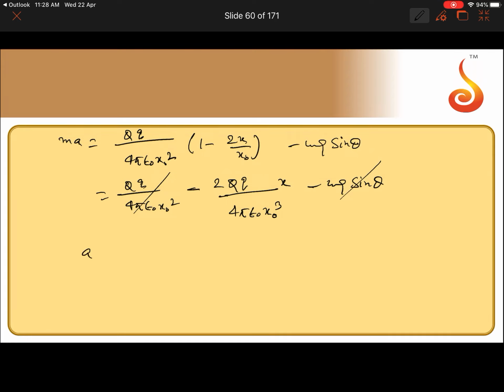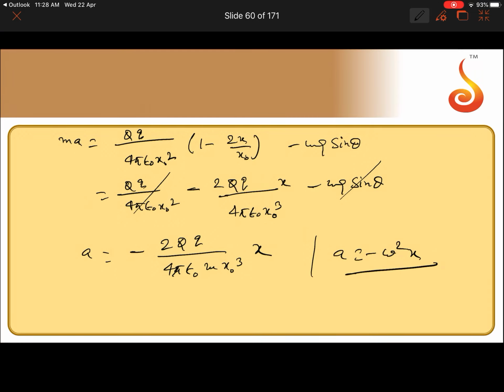So A will be, so this is just like, so motion is SHM.